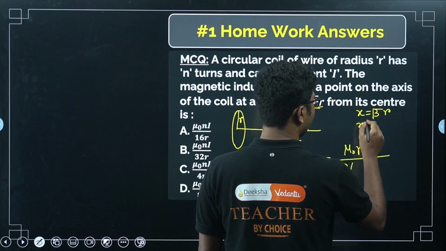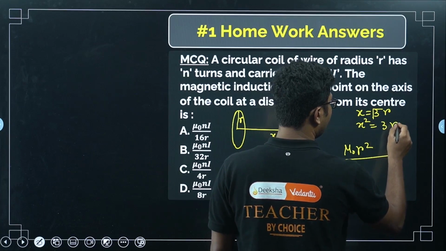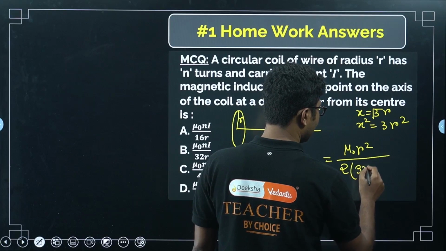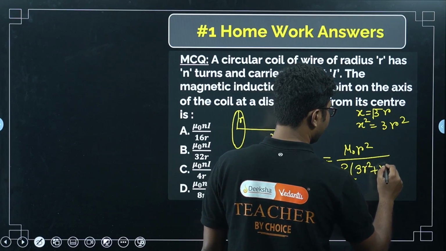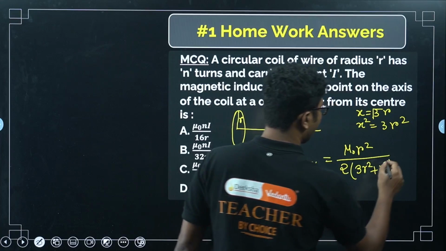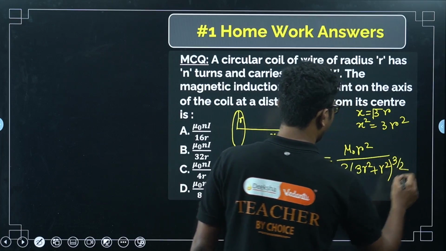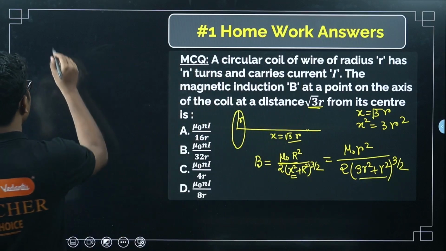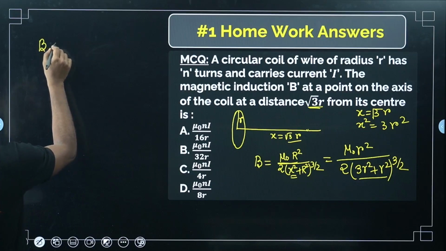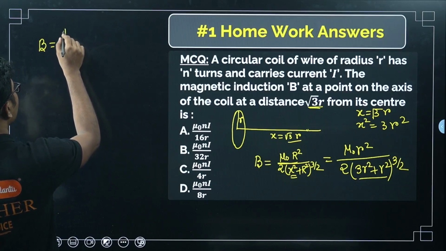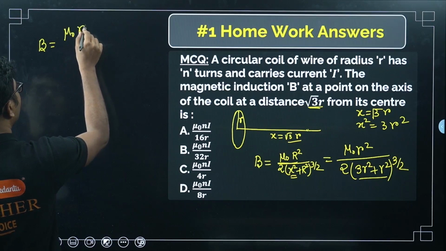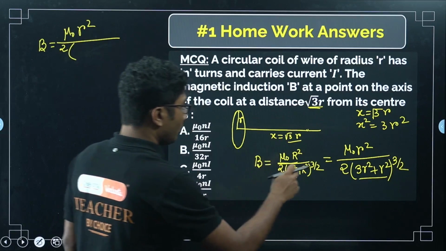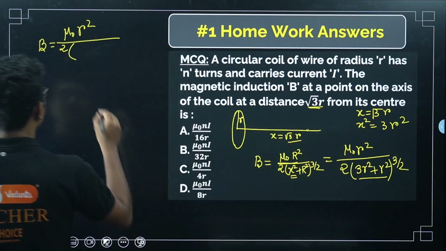So x square will be 3 r square, so just put 3 r square plus r square, to the power 3 by 2. So what is this value? 3 r square plus r square is 4 r square. So B will be mu naught small r square divided by 2, 4 r square to the power 3 by 2.